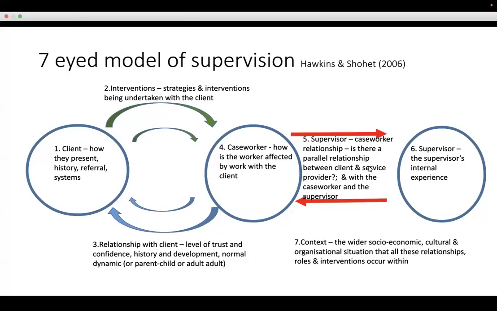Now, I have to insist here that this can be a bit challenging, because the tendency can end up being questioning your supervisee, or trying to ask them what they are feeling about the supervision meeting. And if they tell you they are feeling well and maybe you personally as a supervisor are not feeling well, then you can end up trying to challenge them, and that's a very big risk.